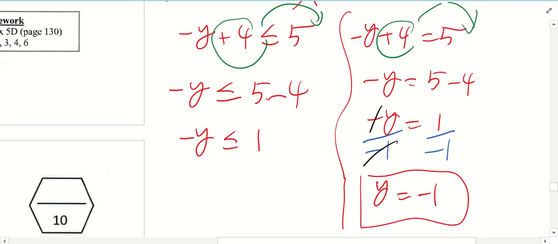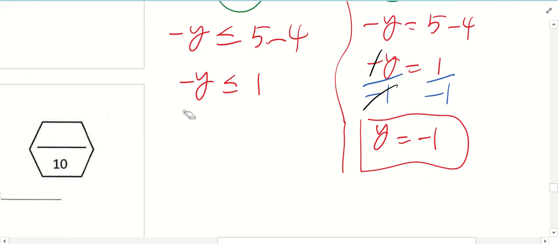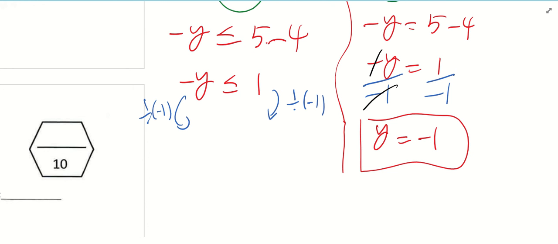Now the next step is also very similar. We divide both sides by negative 1 because I want to isolate my y. So here I'm going to write divide by negative 1. This is the difference. Remember that when we divide by a negative number, we need to change the inequality sign. We need to flip it around.